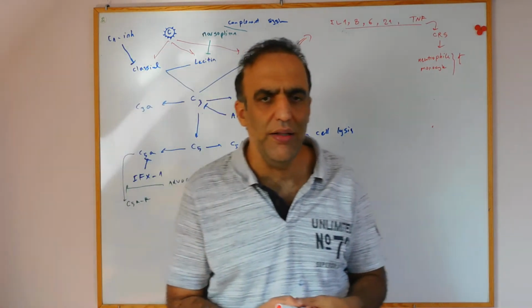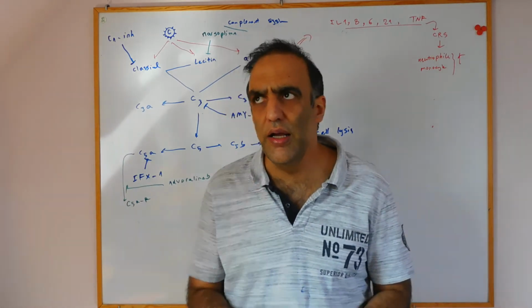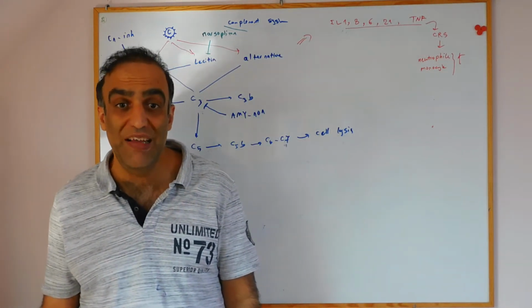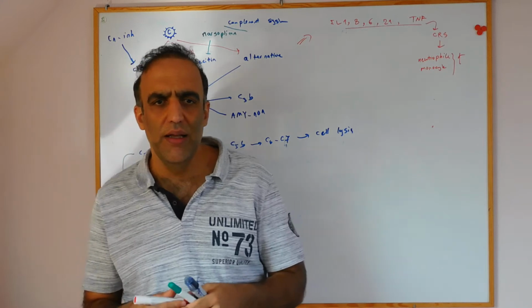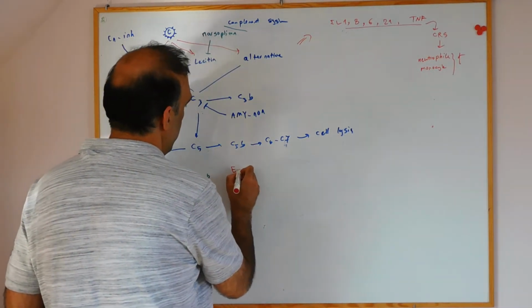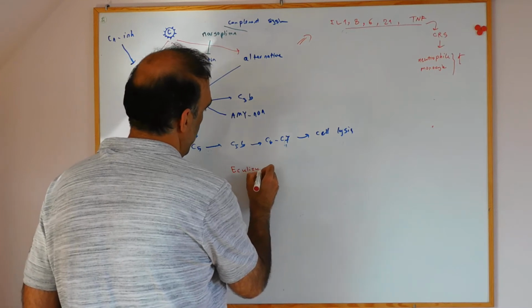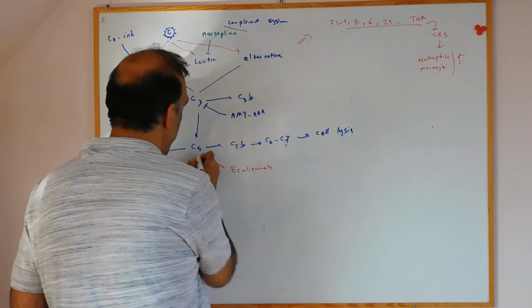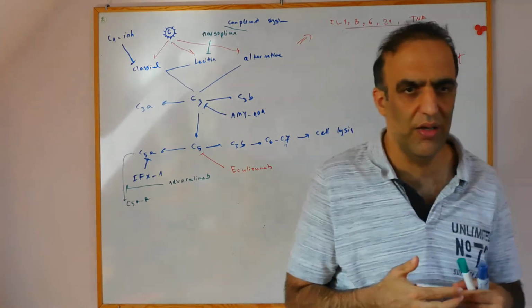Okay, and the other drug, which helps for the C5, is Ravulizumab. We can use it for the prevention of the C5.